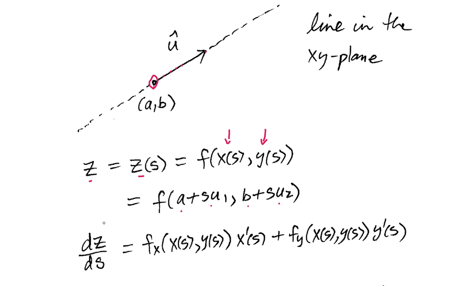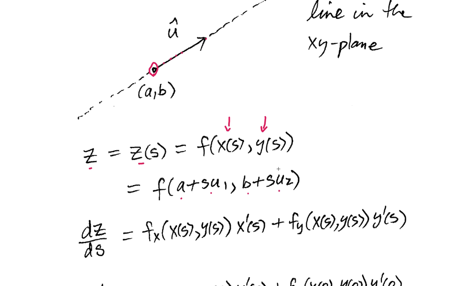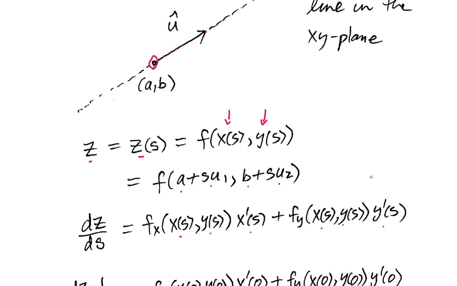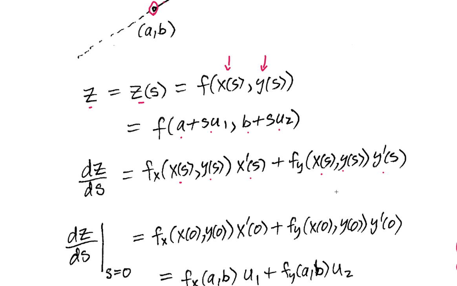Now, if I'm going to differentiate z with respect to s, I'm going to use the chain rule here, right? So I would do the partial derivative f sub x evaluated at the x and y values times x prime, plus f sub y evaluated at x and y times y prime, with respect to s, by the way.